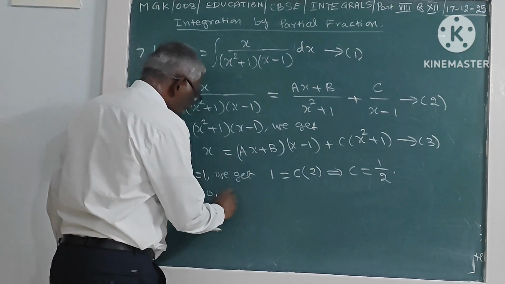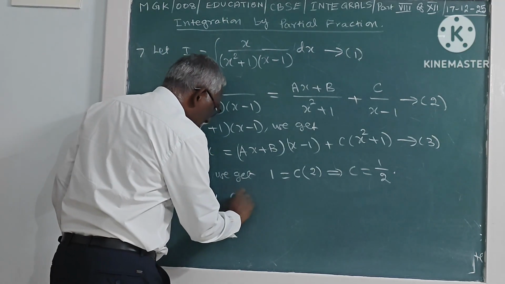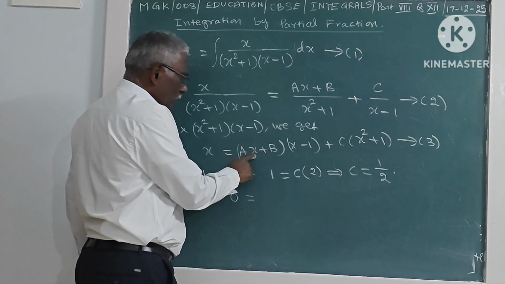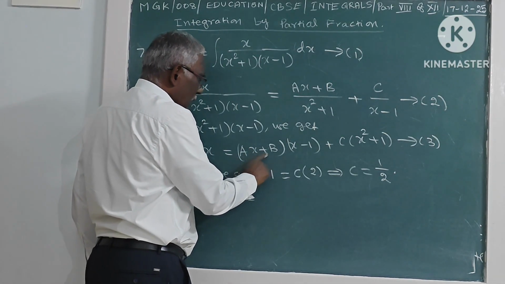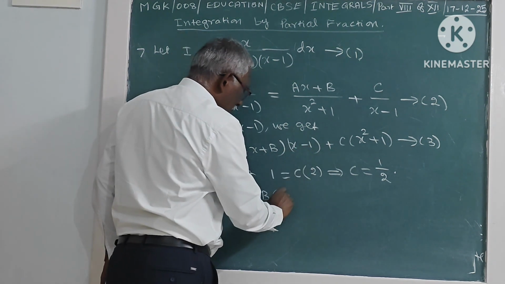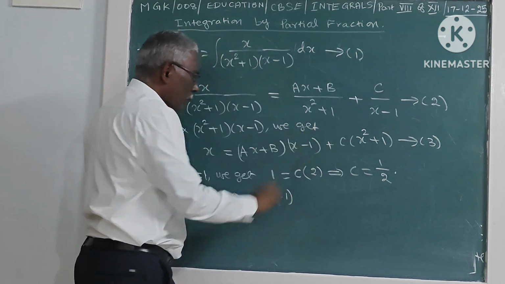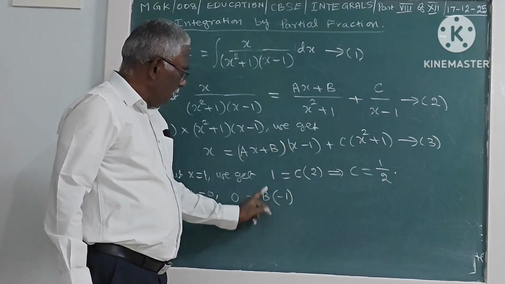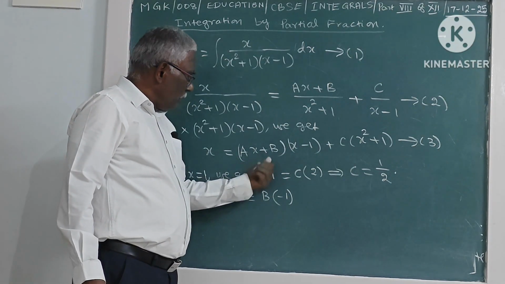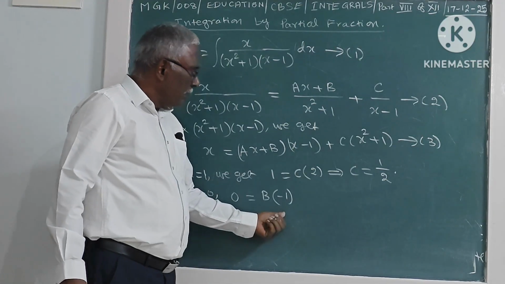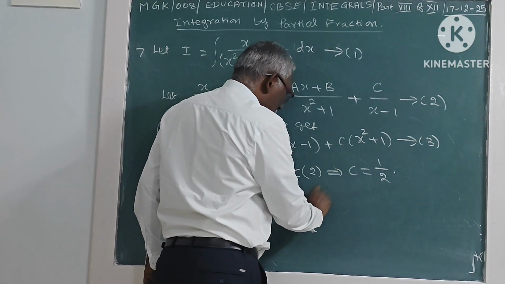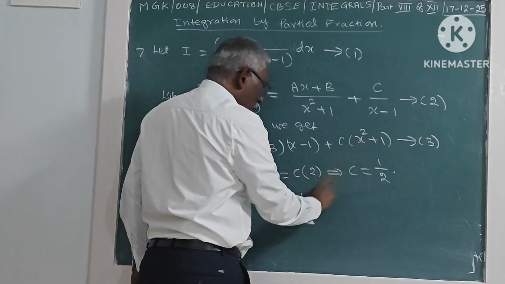X is 0 means this left hand side becomes 0 is equal to a into 0, this becomes 0, b into 0 minus 1 minus 1, plus c into x is 0, so we get 1.